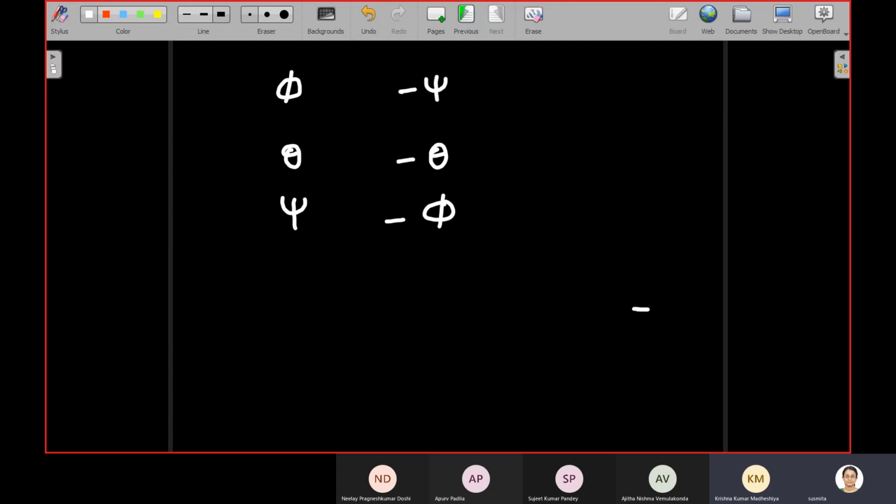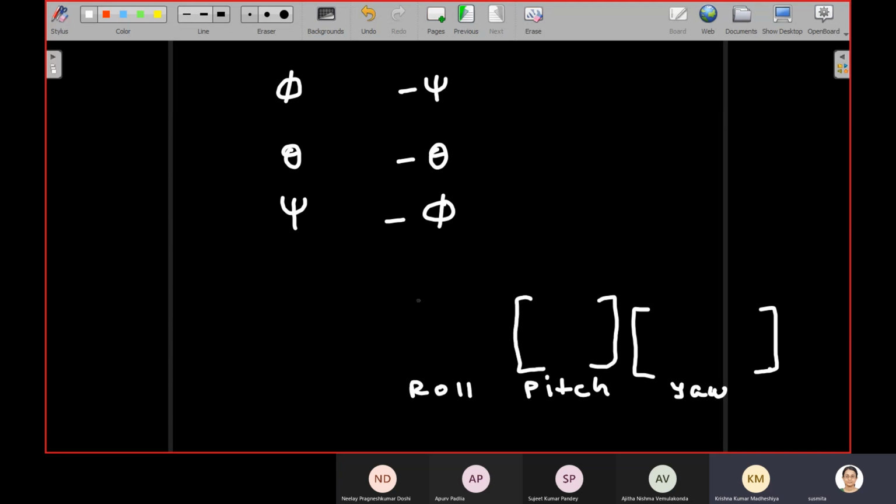So first we did the yaw matrix, then we have the pitch, and then we have the roll, correct? So this took us from beta frame to alpha frame. Next, we want to go back to beta frame.